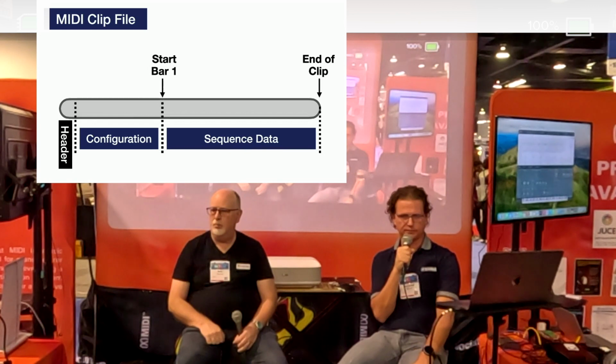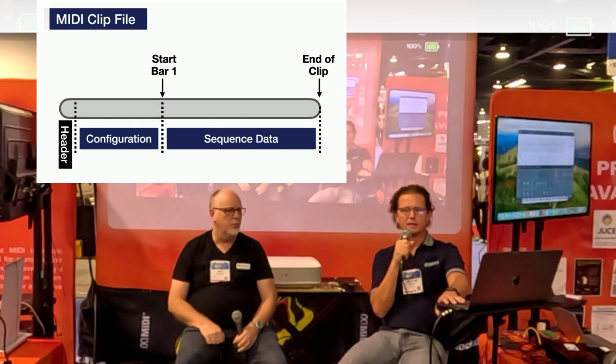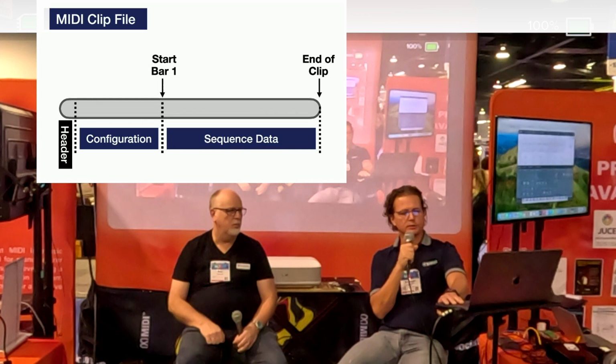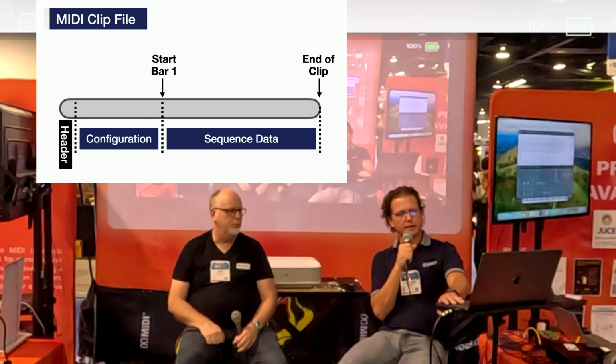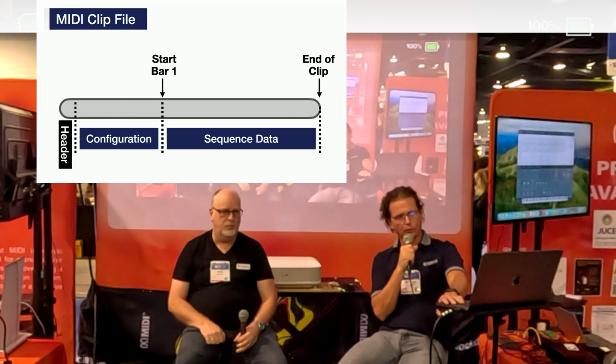This sets a receiver device to behave in a particularly desired manner. XG format, general MIDI has sometimes quite elaborate setup bars to configure receivers. In the MIDI clip file format, we have an entire section dedicated to this function called a configuration header. And then after that, we have the actual sequence data for a clip file.